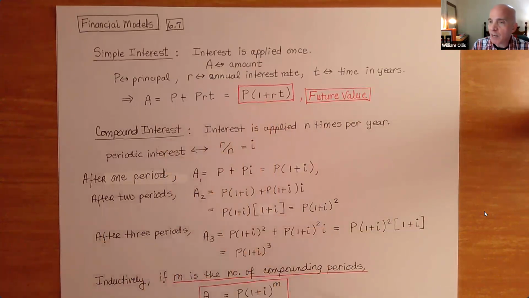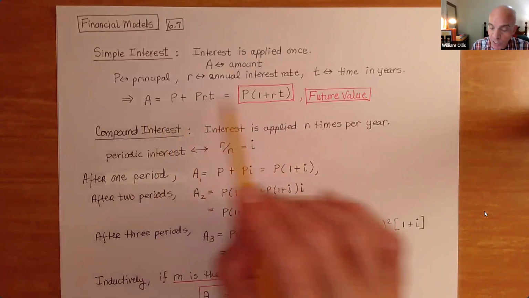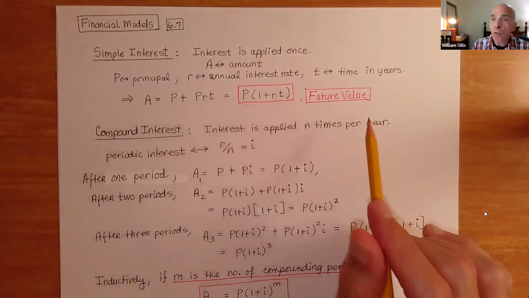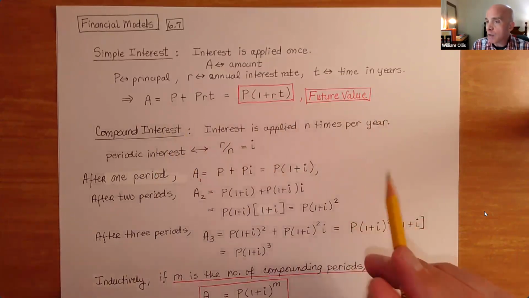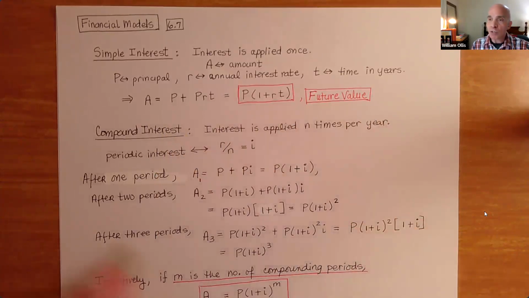So when we develop our formulas, we will be able to look into the future, solving for the amount, which is the future value, or if we are given some future value, we can turn the tables backwards and actually find the initial amount that was invested or the present value.